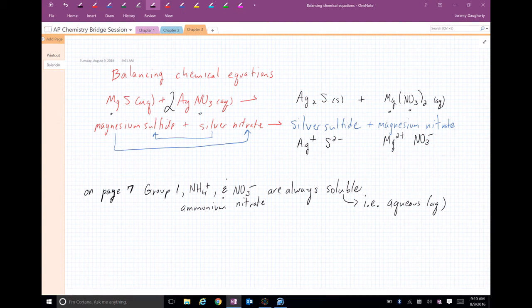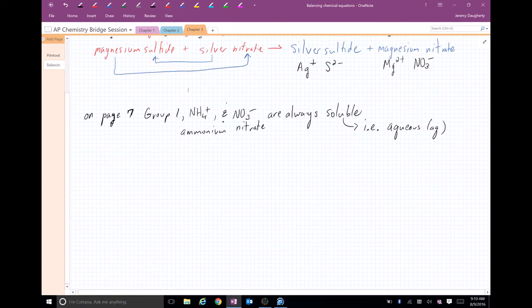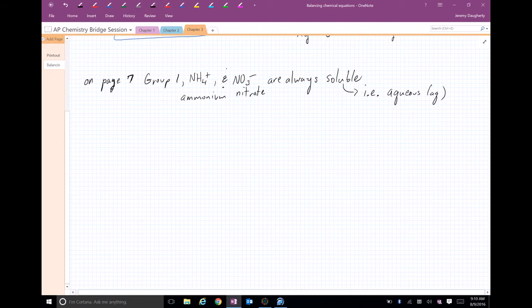Alright, let's try another one. Let's try a combustion reaction. So this one's going to be C7H14. We're going to make that a liquid, because it's kind of big, plus oxygen gas. So there's my combustion reaction.